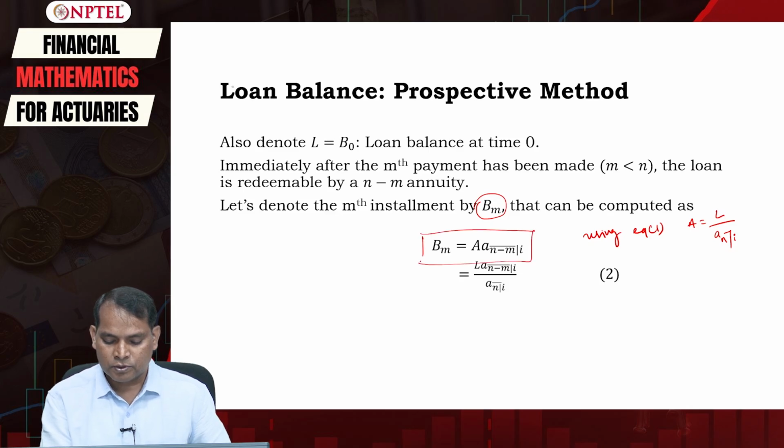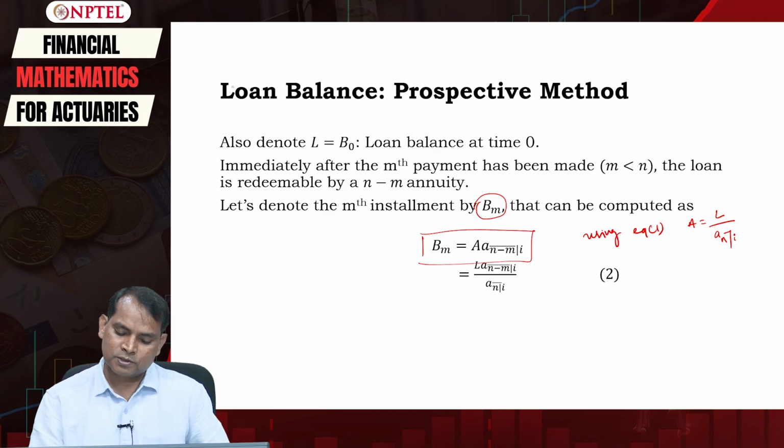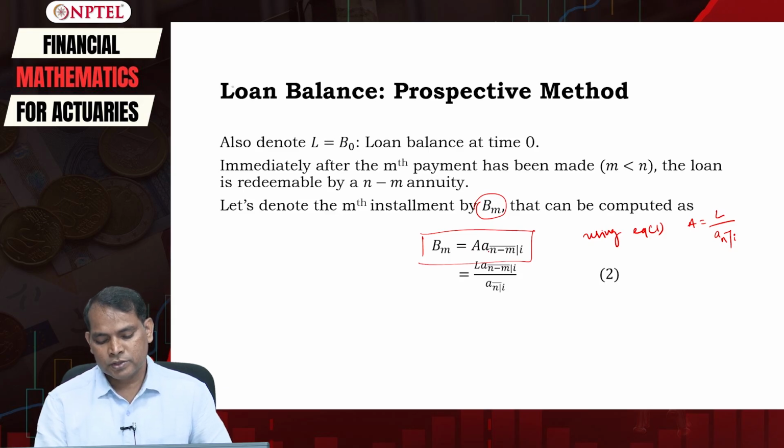This is important for us. So using the prospective method, the loan outstanding balance can be computed as the installment amount A times the present value interest factor for annuity given n minus m time periods and interest rate i.